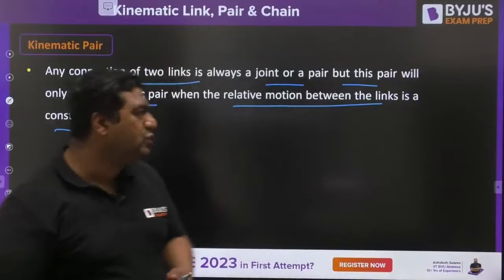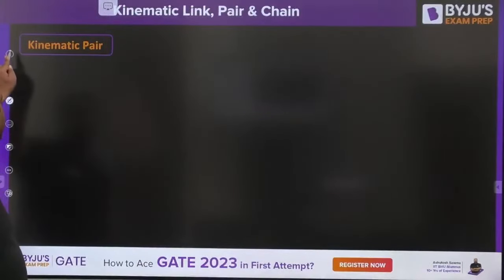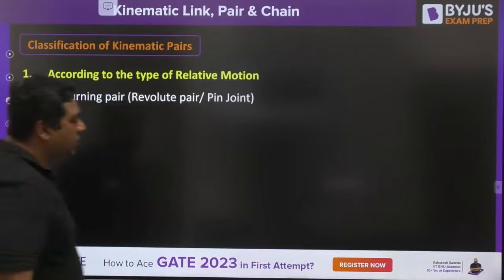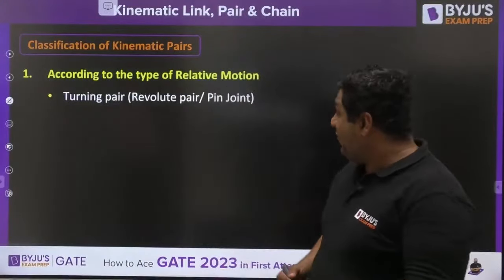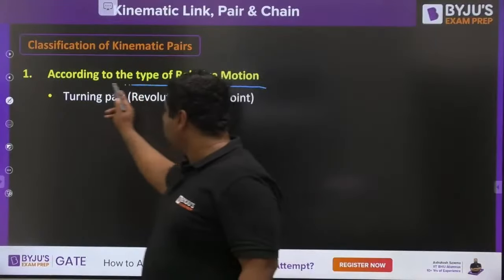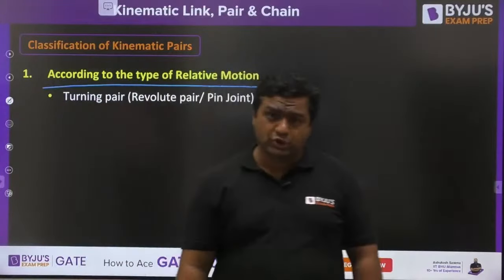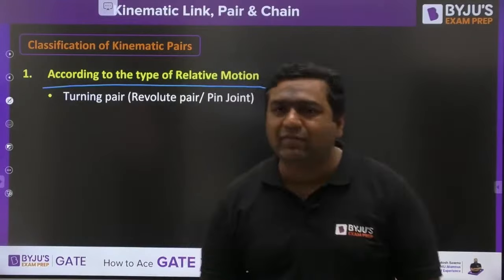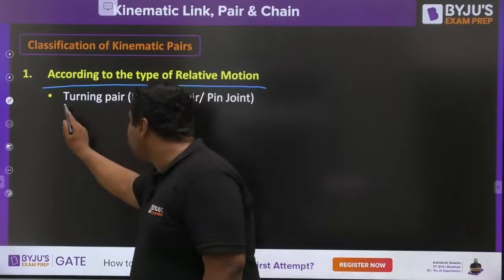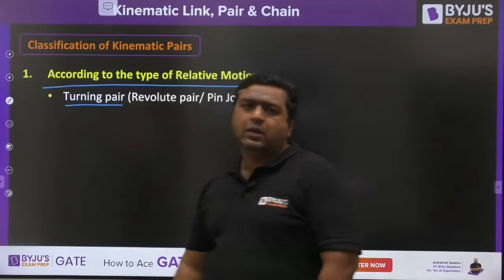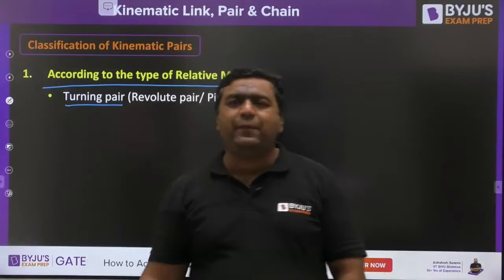So now we are going to see the classification of kinematic pair. When we are talking about classification, the very first type is based upon the relative motion. So based upon the relative motion, the very first type of pair is the turning pair. If you want to see an example of turning pair, it is there in our body.